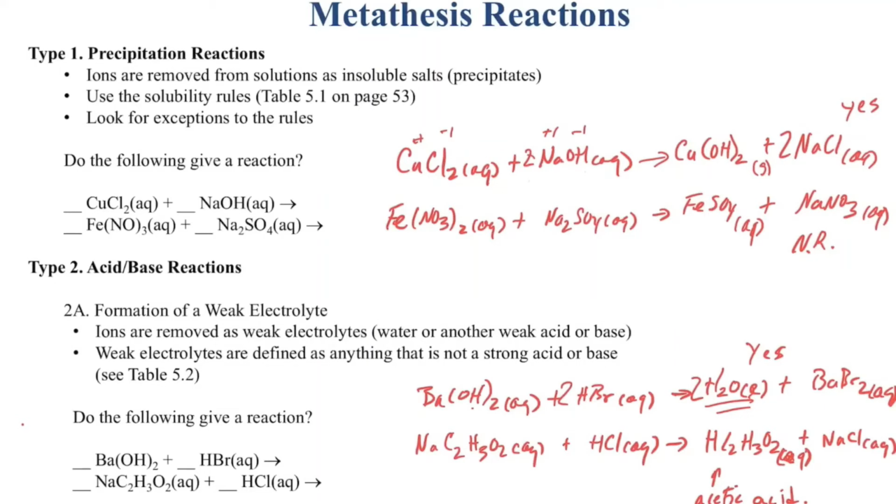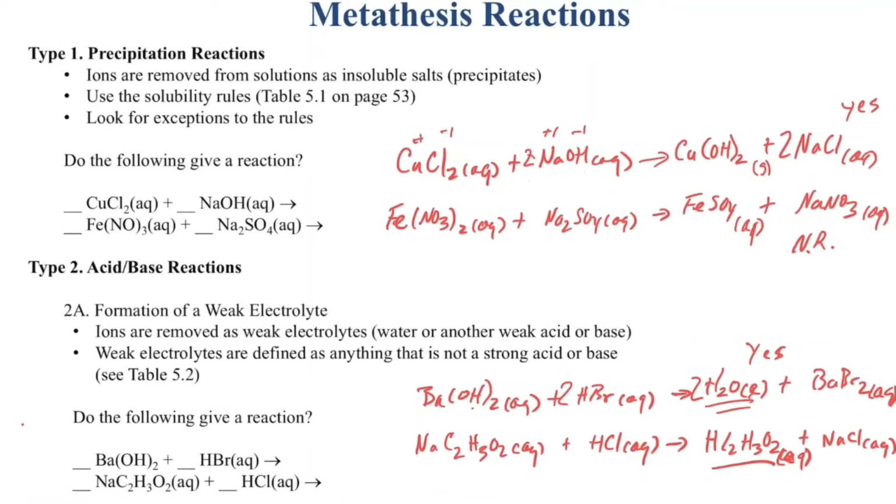If we were to write the net ionic, that's a good thing to do, the question with the net ionic is, do we have an actual reaction taking place or no? And the answer to that question is yes, because here's why.